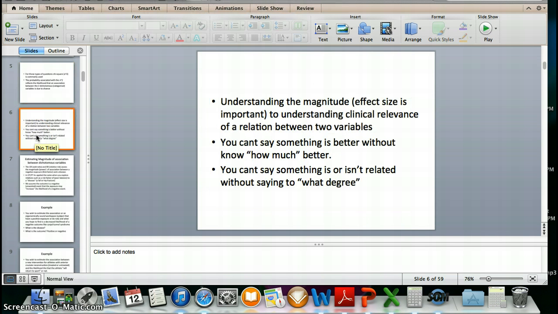So understanding the magnitude, also known as the effect size, is important to understanding the clinical relevance of a relation between two variables. You cannot say something is better without knowing how much, and you cannot say something is or isn't related without saying to what degree. How related are they?